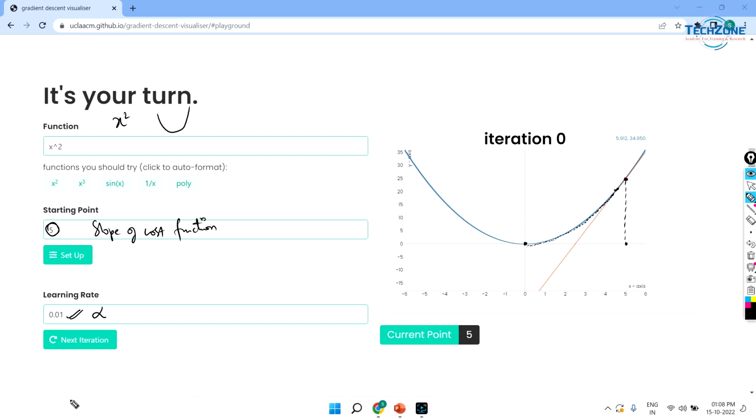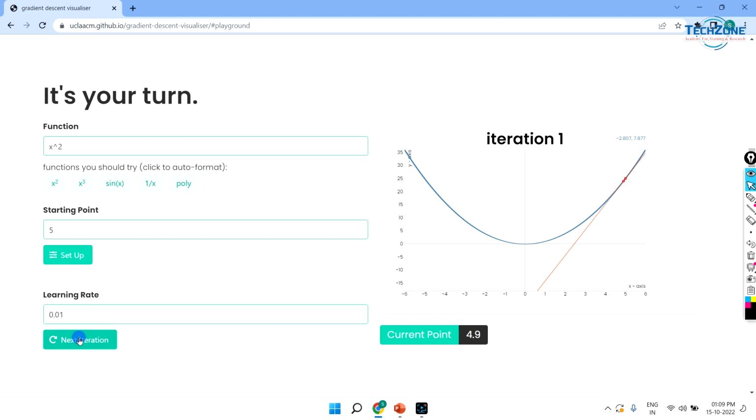So what I'll do is I'll click on next iteration now. Just see what will happen. I'll just clear the graph first. So see here what is happening. The values of m are changing and this straight line is coming closer to the origin, isn't it?